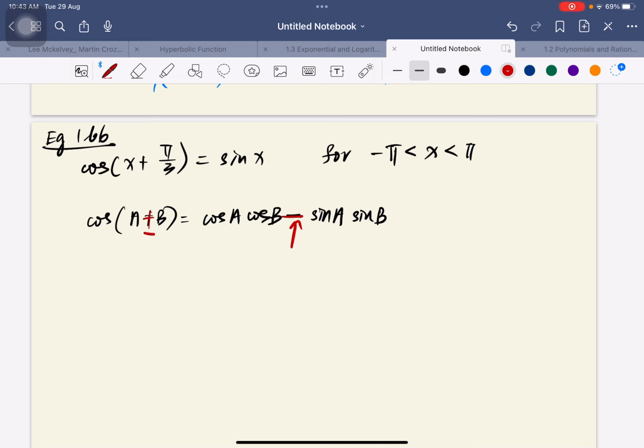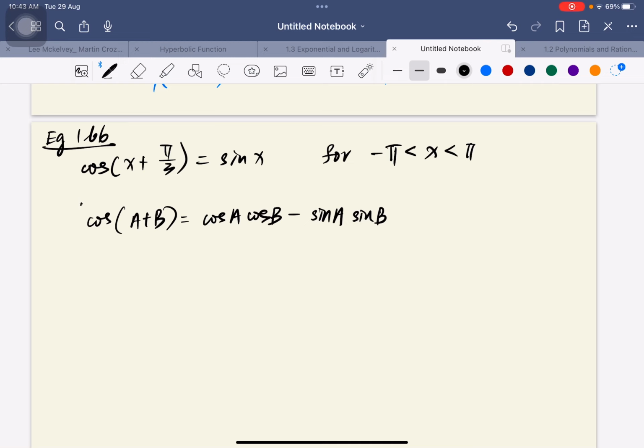If it's cos(A − B), then it will be plus. Students always make careless mistakes here because they will just add. So it's minus.